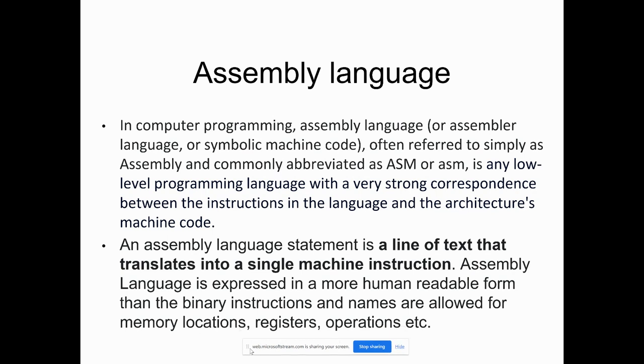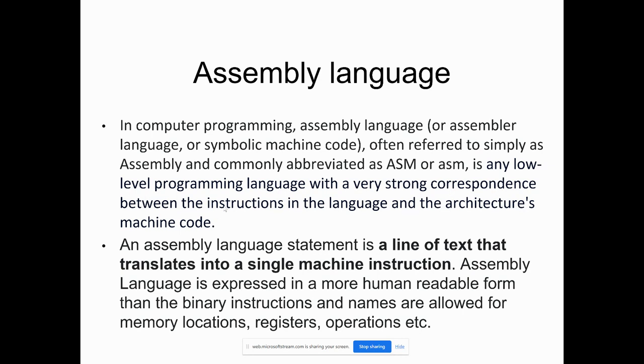Sometimes we refer to it as assembly code. Other times it is referred to as symbolic machine code or assembler language. It's normally abbreviated as ASM or .asm, whether capital or lowercase.